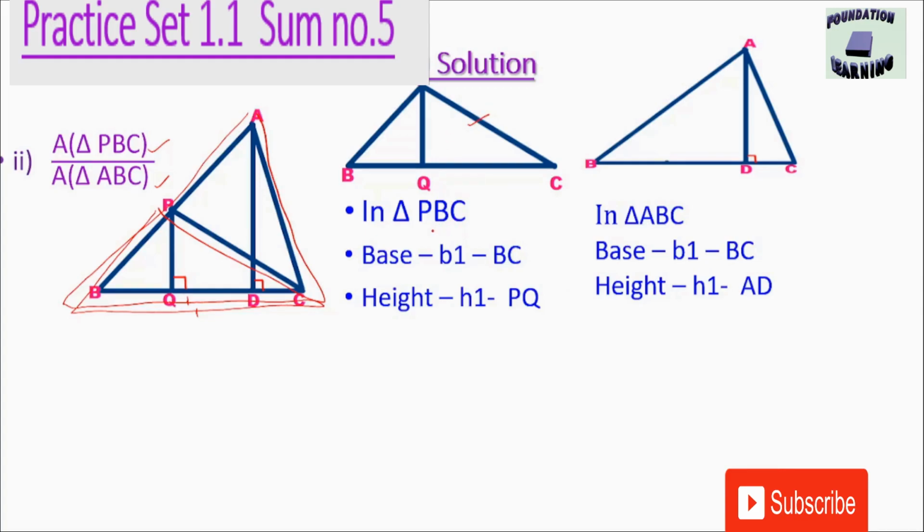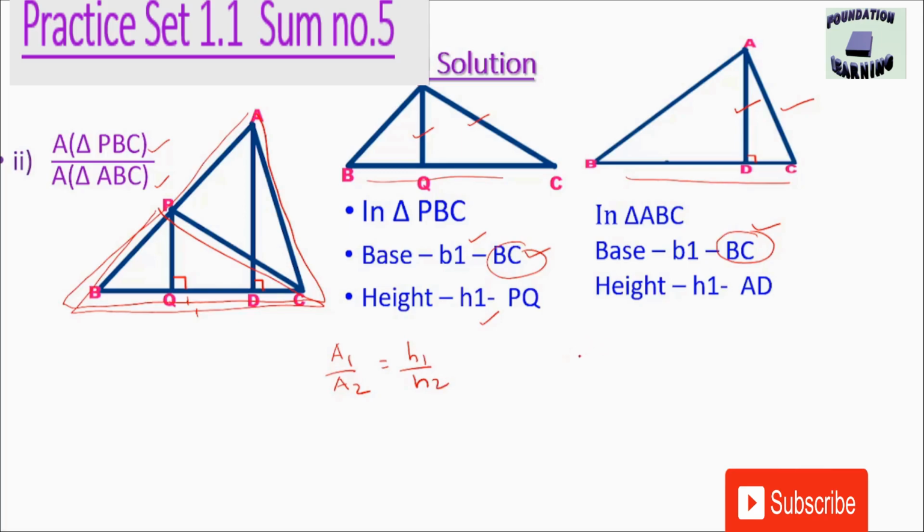In triangle PBC, what is the base? Base is BC. That is B1. What is the height? Height is PQ or H1. In triangle ABC, what is the base? Base is BC. And what is the height? Height is AD or H2. So which formula will you use? Since the bases are common, we will use the formula A1 upon A2 is equal to H1 upon H2.